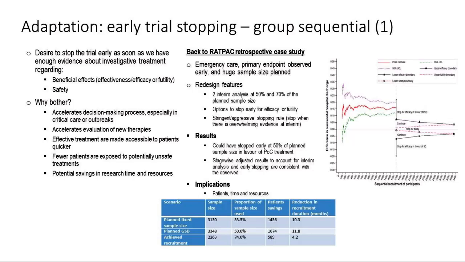And some of the stopping boundaries are flexible. If you need to wait and do an interim analysis at a certain point, and due to certain circumstances you couldn't do it, because maybe the outbreak stopped, then you can look at the data at that particular point and adjust the stopping boundary. Instead of waiting at 50%, you are now looking at the data at 35%. So some of the things you can work out backwards.